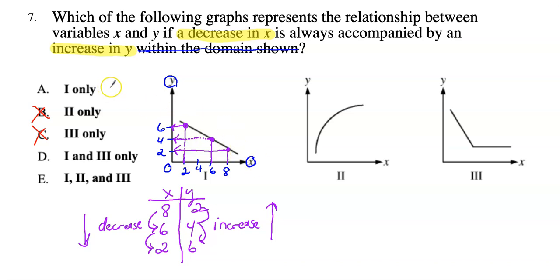But this one I'm going to read in the other direction because we started with x over here and we decreased it. So for this, just this particular problem, I'm going to pretend I'm standing here. And what we have shown is that if I walk in this direction, when x decreases, y increases. So keep that in mind because that's going to help us eliminate graph 2.